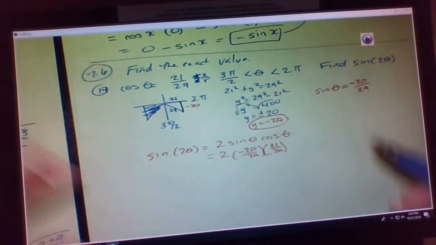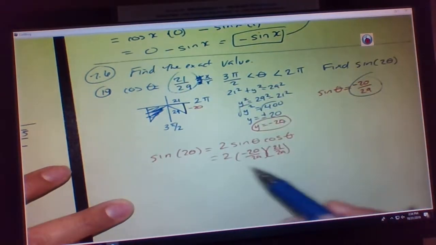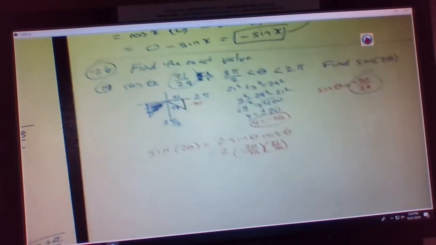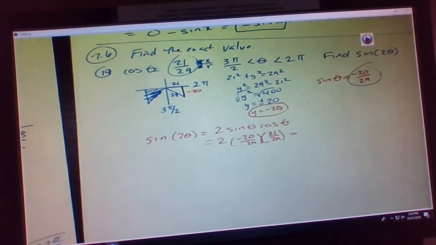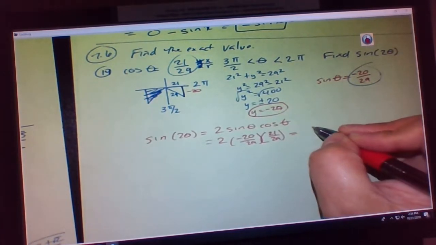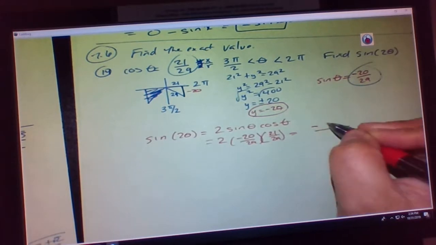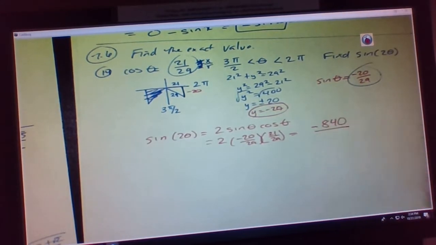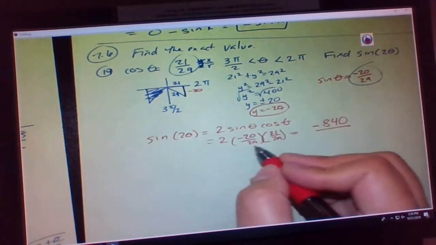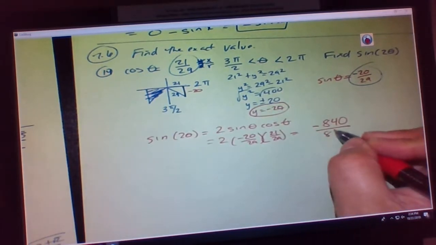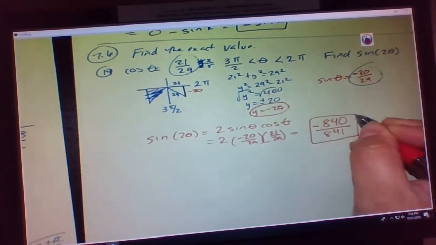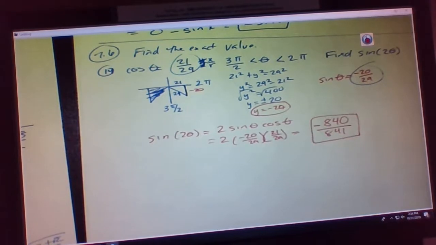So we're just plugging these numbers into the formula. So 2 times 20 times 21 is 840, and 29 times 29 is 841. And that's your answer. You can't do more than that.